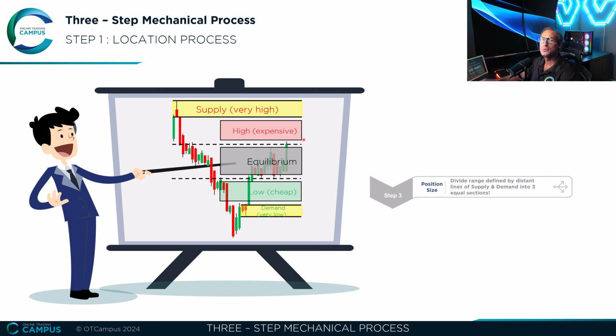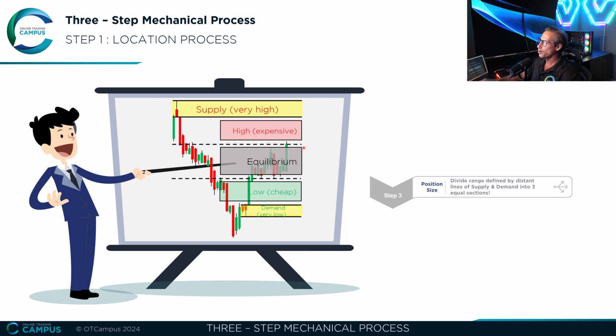It doesn't mean you're going to short. This is very, very important. You have to determine that clearly. If price is in this area, expensive and very expensive, or high or very high, however you want to call it, this is where you can look to short. But it doesn't necessarily mean you're going to short.